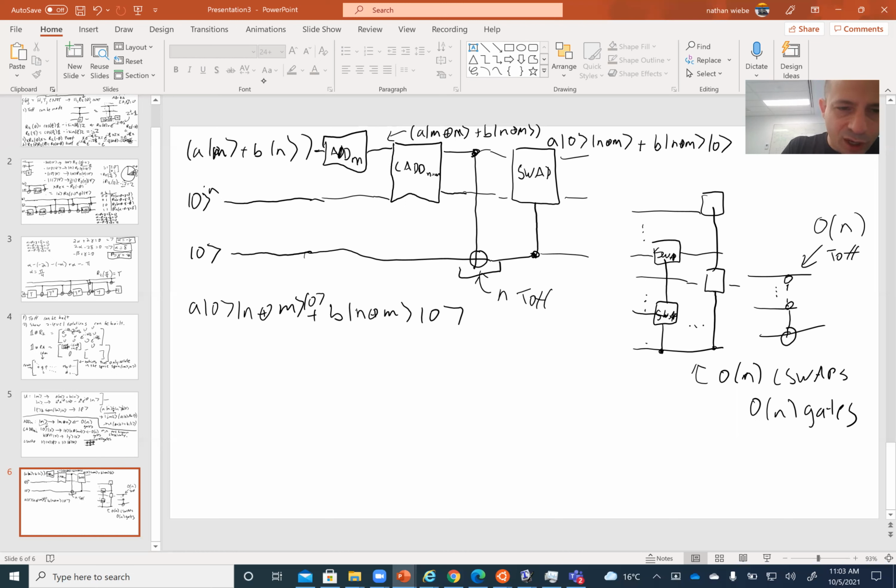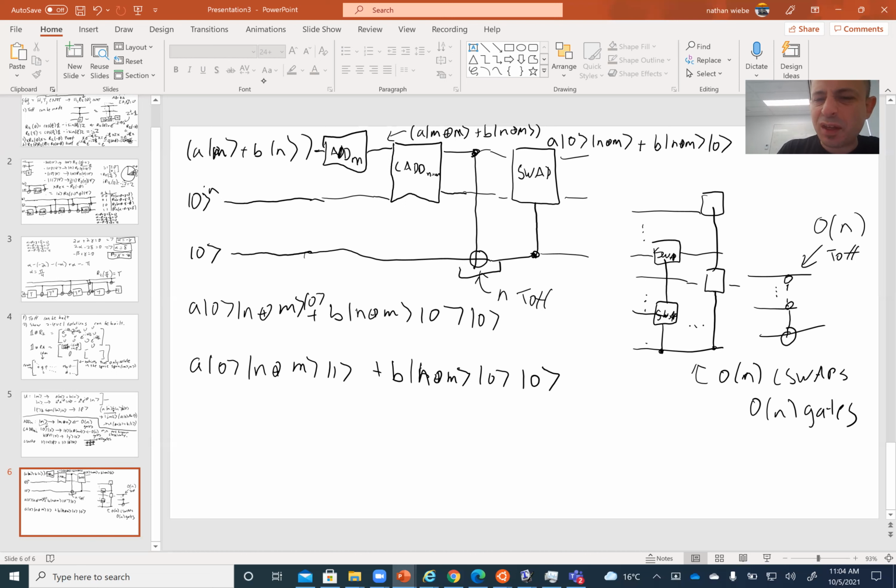Now the controlled nots going down are going to give us a 0 n exclusive or m 1 plus b, oh, and this should be a 0 over here, n exclusive or m 0, 0.